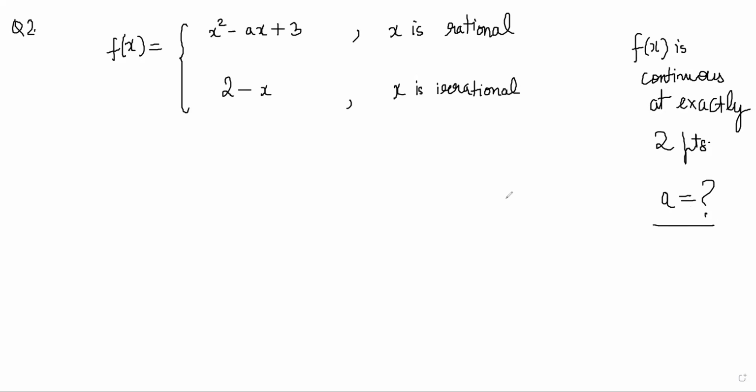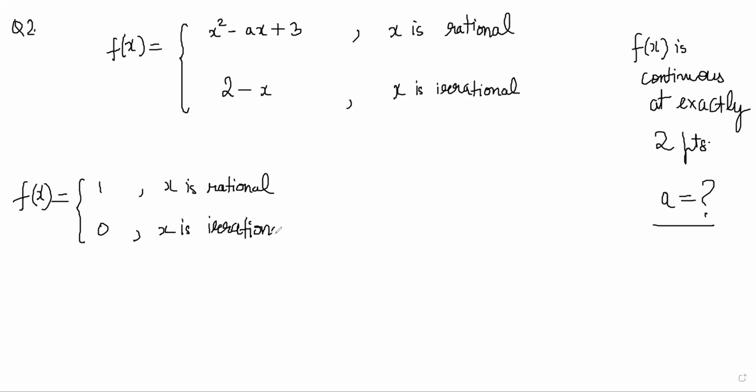So this question, we have seen questions like this earlier. The problem that happens here is that if it was something like this, for example, 1 if x is rational and 0 if x is irrational, this function will not be continuous at any point.